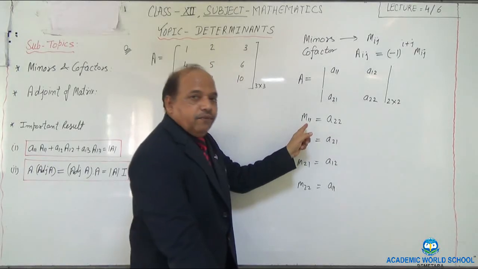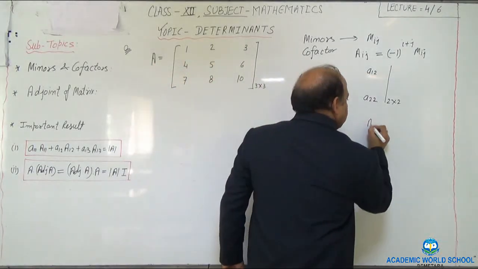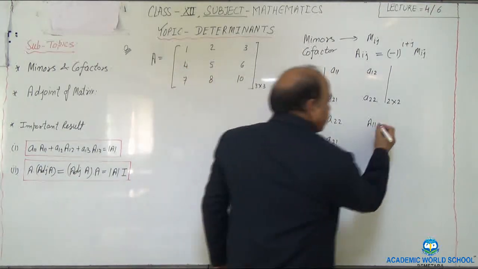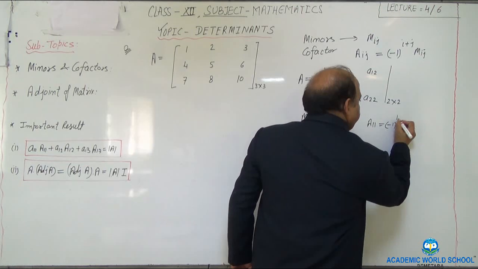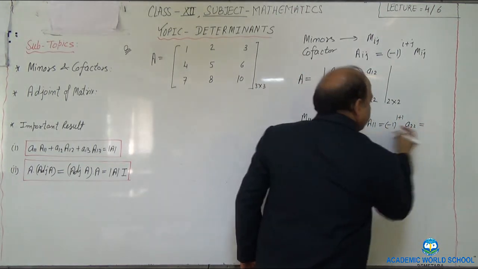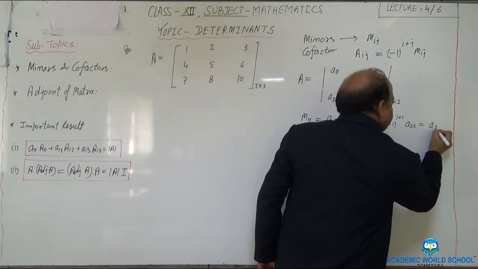So suppose I want to find out cofactor of this. Cofactor is denoted by A11. So A11 will be equal to minus 1 to the power 1 plus 1 and minor is A22. So minus 1 to the power even remains, so it is A22.